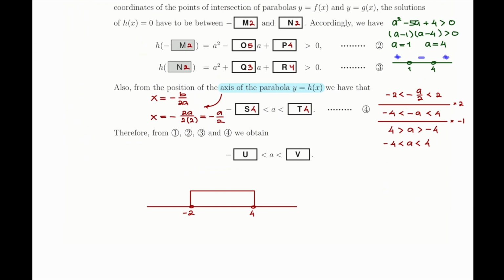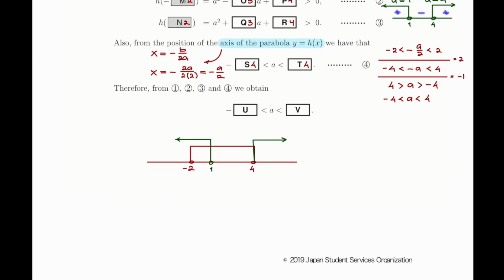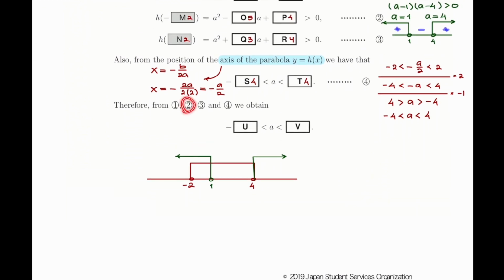And then I will take the positive region, which is a less than 1 and a greater than 4. So if I combine this number line into this number line, I will get 1 to the left and then 4 to the right. This is the solution of part 2.